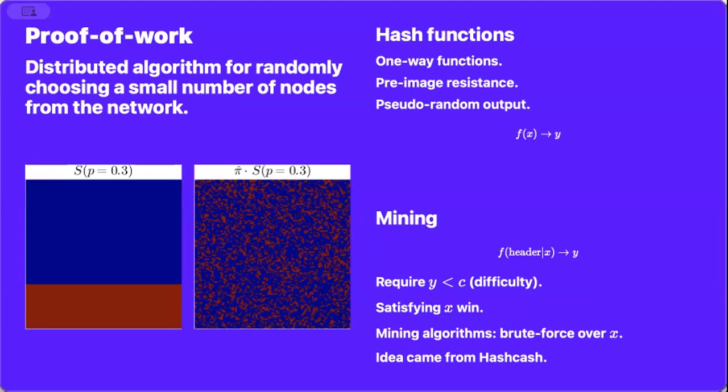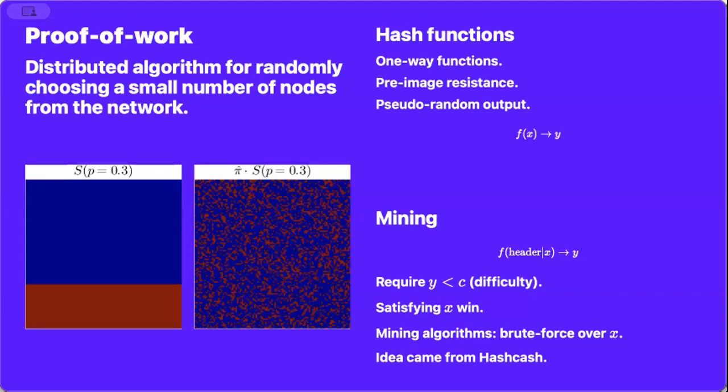And the point is that because of the pseudo-random nature of hash functions, you really can't rig this. There's no easier way to do it. To find a value of x that gives you a satisfying value of y, the best you can do is just literally randomly choose x, try it. If it doesn't work, choose another random value of x.